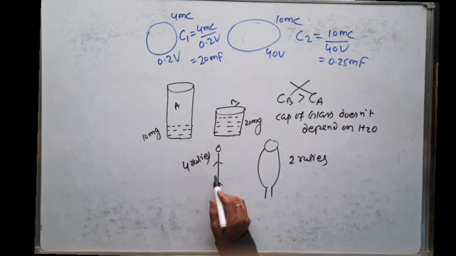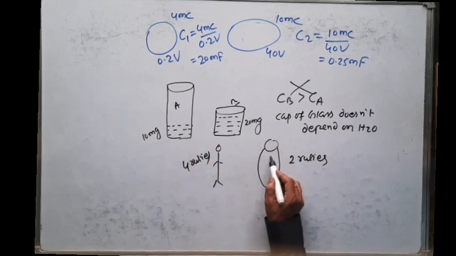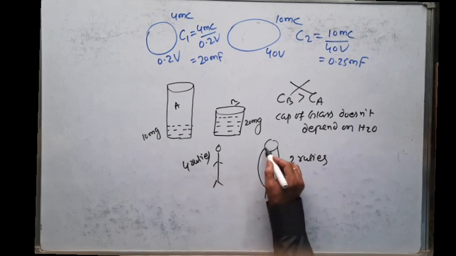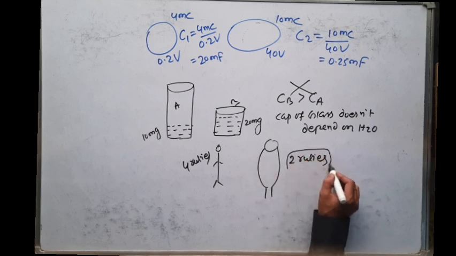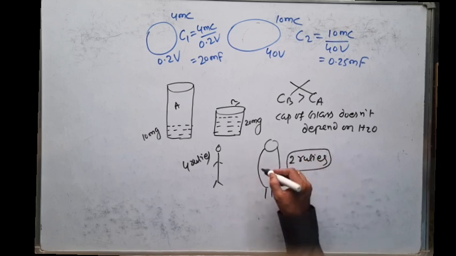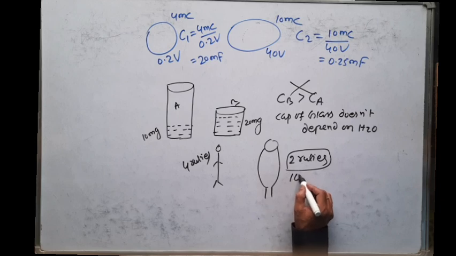That does not mean the capacity of the fat man is less, because according to the advice of the doctor he is taking 2 rotis, but his capacity can be 8 or 10 rotis.